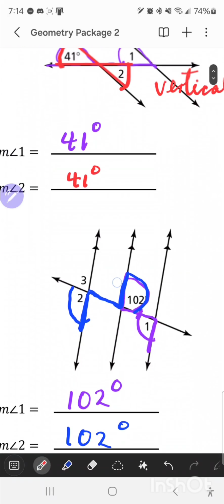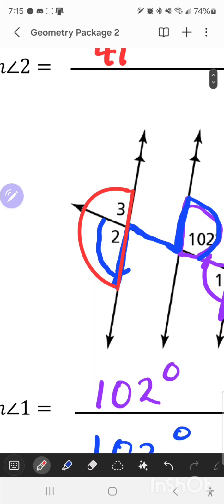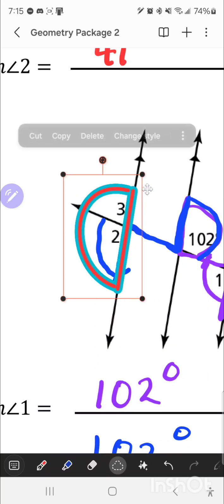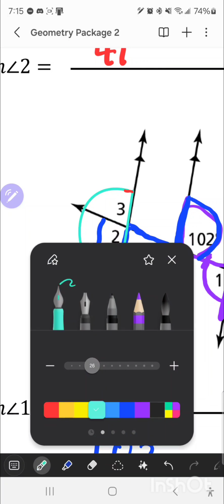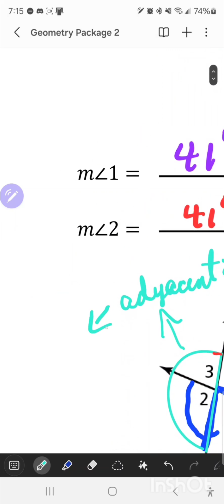Now I see that there is a semicircle here. A semicircle means adjacent angles, and adjacent angles add up to 180 degrees.